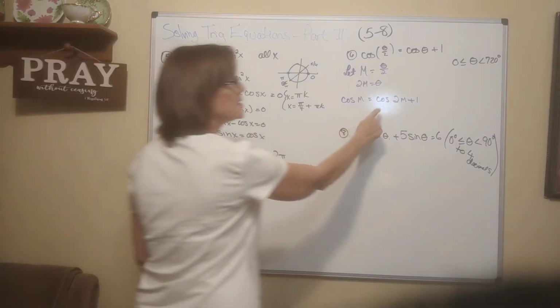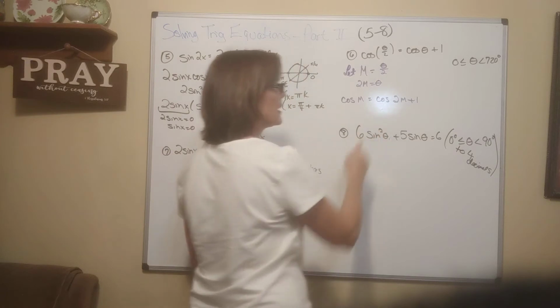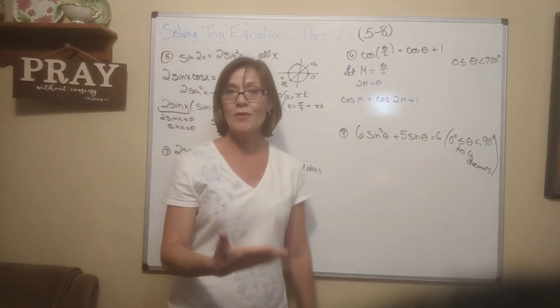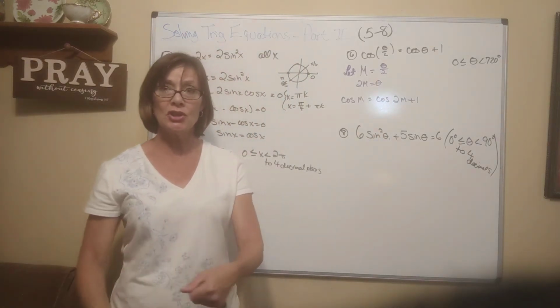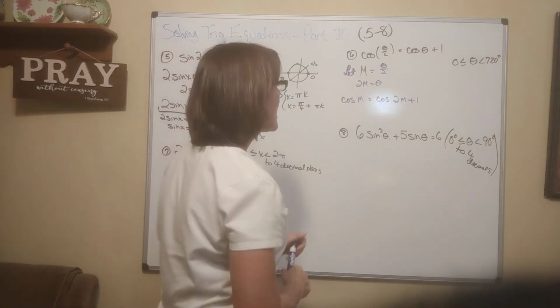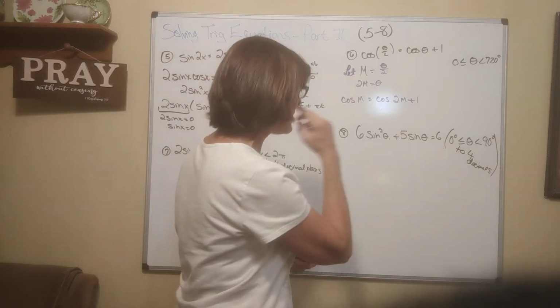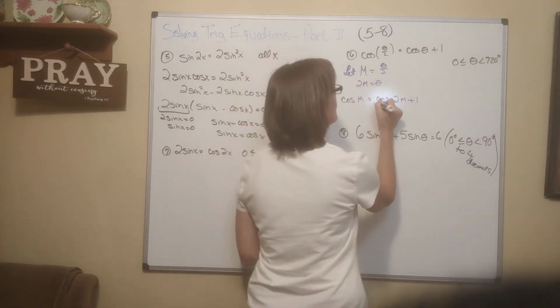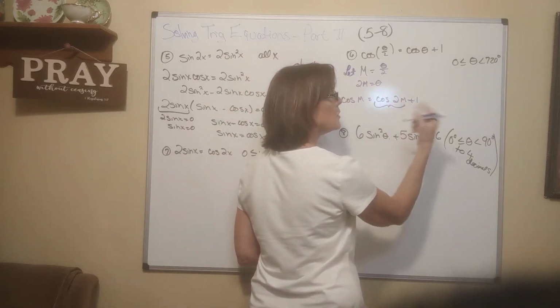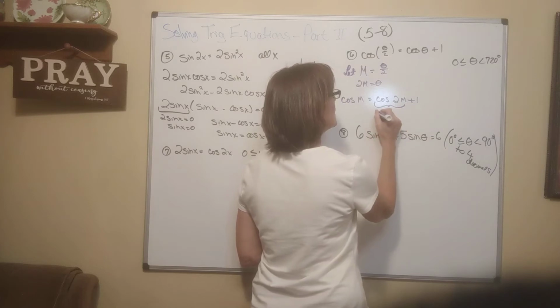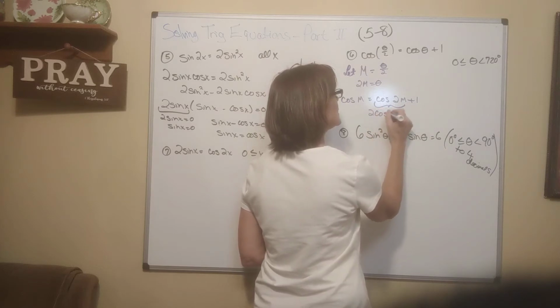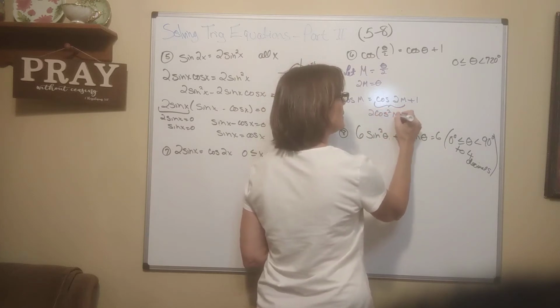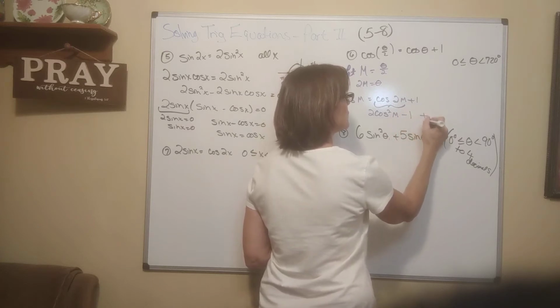So let's use a double angle identity for cosine. For cosine, there are a few different choices that we could use. I'm going to choose one that rewrites this in terms of cosine. So the identity for the cosine of 2 times an angle is 2 cosine squared of that angle m minus 1, plus 1.